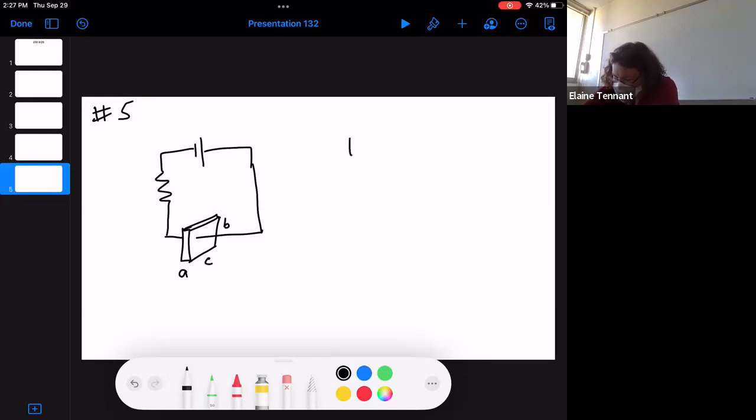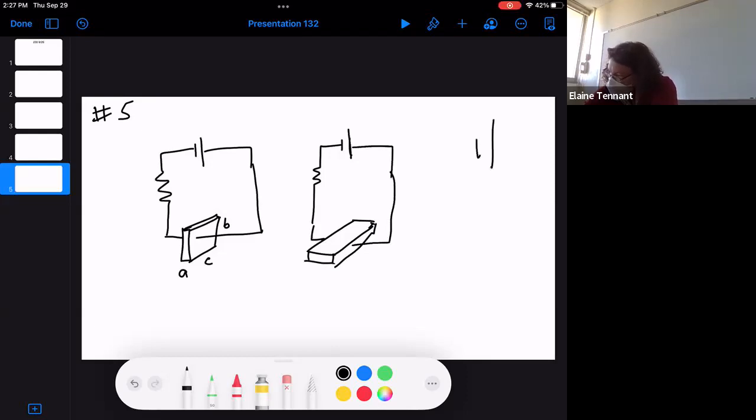Or we can hook it up, same object and everything, just a different orientation, like so. Or we can hook up a third way, in perspective, like that.